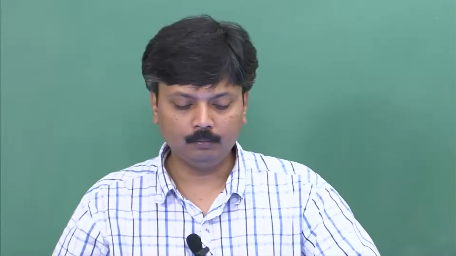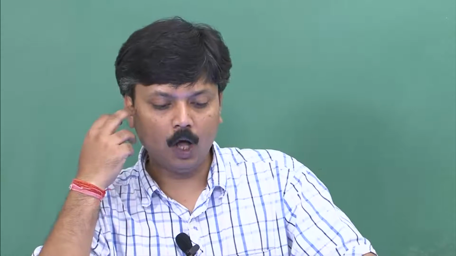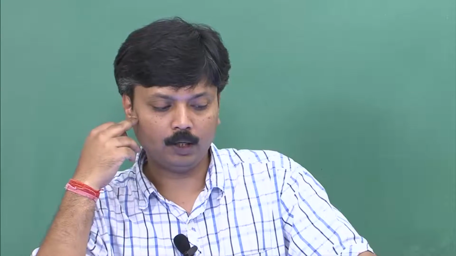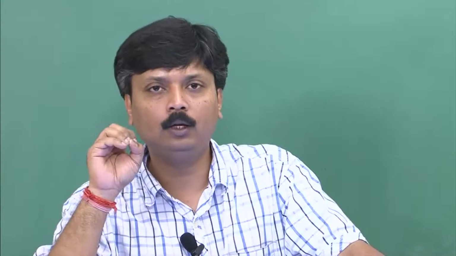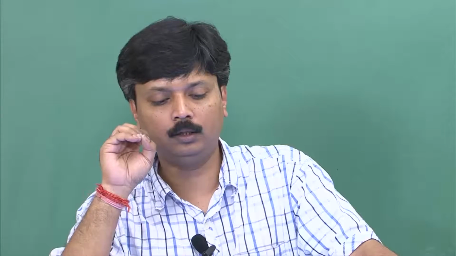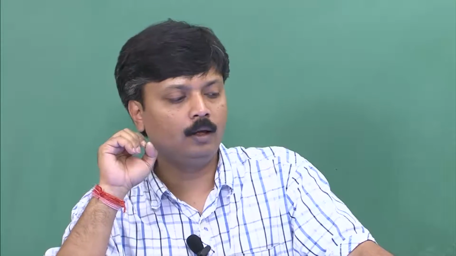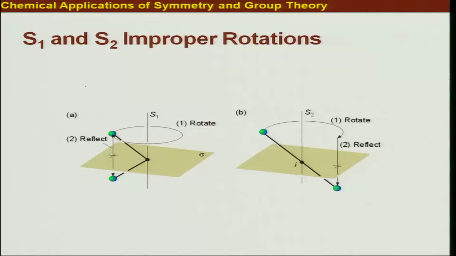Okay, so you have to practice a lot to find out if a molecule has an improper axis of rotation. So now on your screen you have a generalized example of some Sn axis. So this n is the order of rotation.